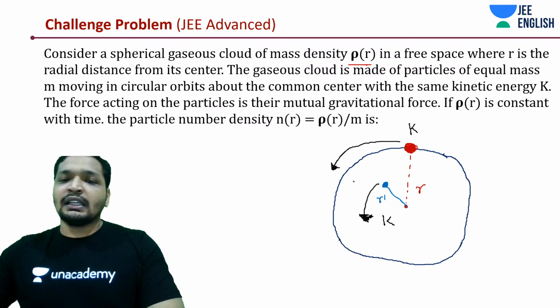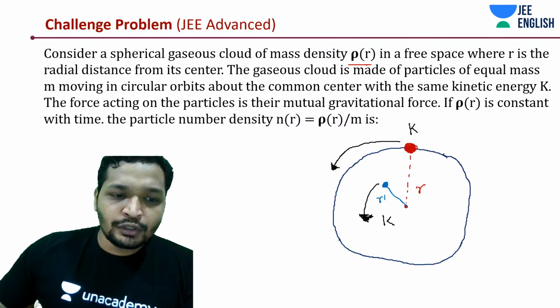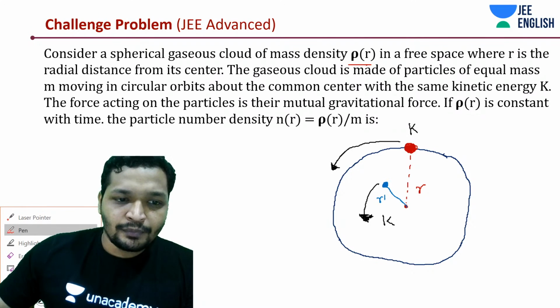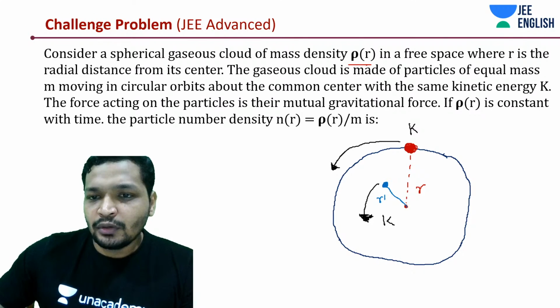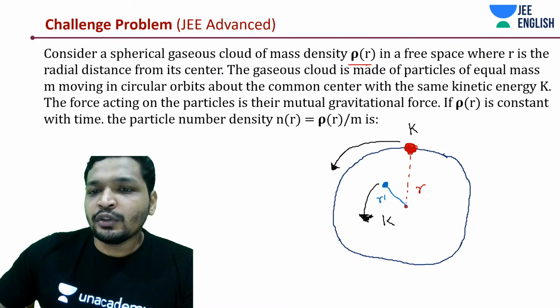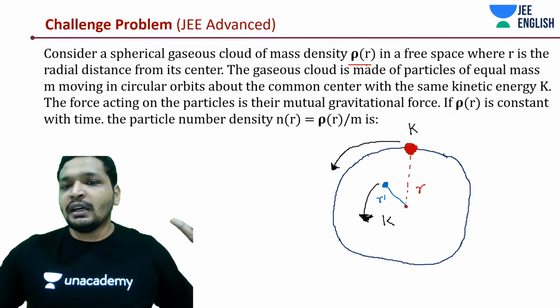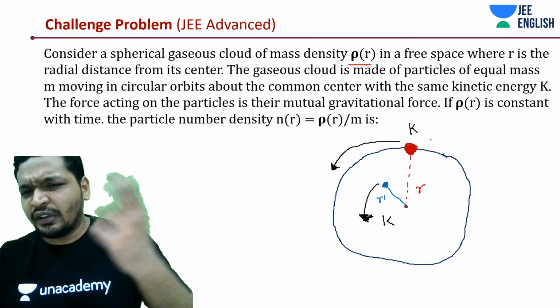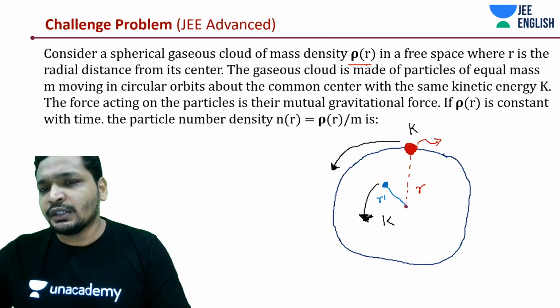So that is the key hint. First of all, let's understand one thing. There are two kinds of forces acting on it. If I'm just going to talk about the particle over here, one is going to be some gravitational force. If you take this entire thing as a mass, something like big M, then on this there would be two kinds of forces.